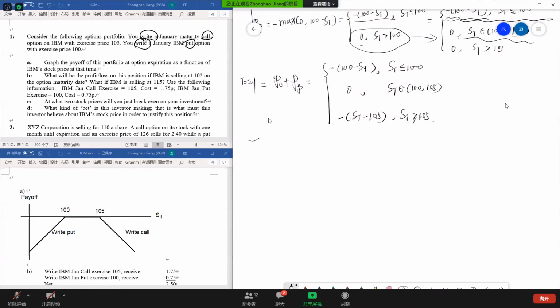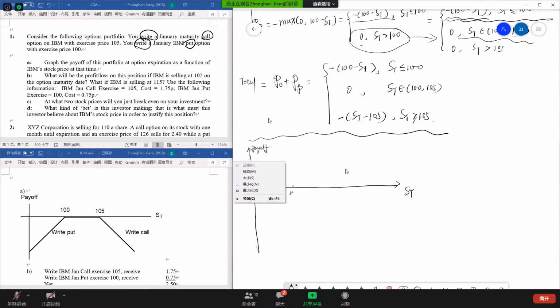Then based on this formula, we can draw the graph. The vertical axis is payoff. The horizontal axis is the stock price. It's 100 and 105. When the stock price is smaller or equal to 100, the payoff function is this, so it's a straight line.